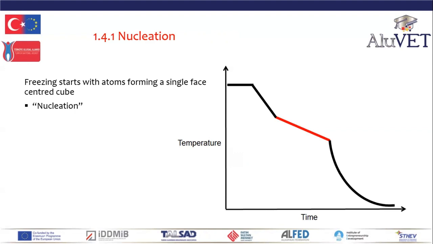As the liquid solidifies to the freezing start temperature, atoms come together to start forming the single face-centered cubic, the basic building block of aluminium. Now, at this point, throughout the freezing liquid, many thousands of face-centered cubes will randomly form.